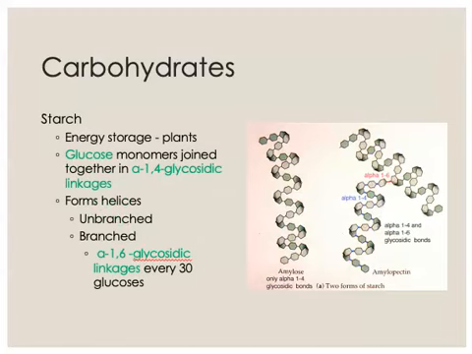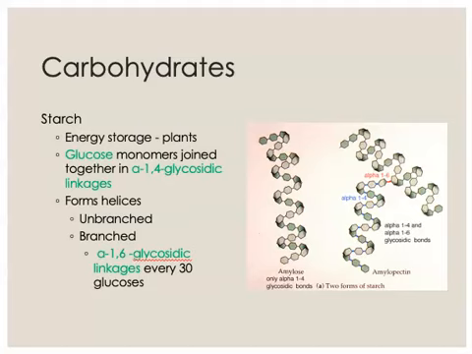When we look at starch, it has a lot of structural similarity to glycogen. Remember, starch is another energy storage polysaccharide. It's just the version that is found in plants instead of animals. The individual glucose monomers or subunits are joined together, again in an alpha-1,4 glycosidic linkage.